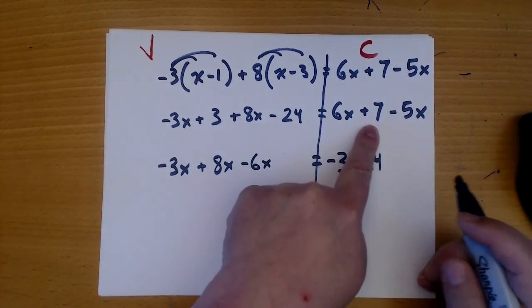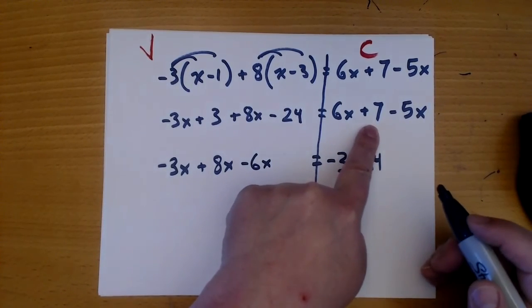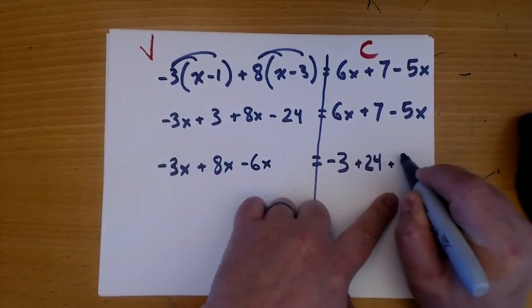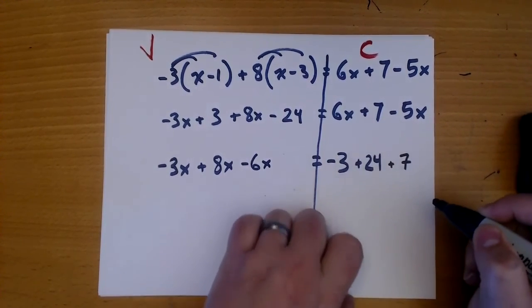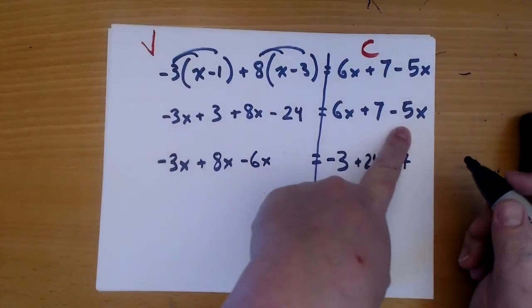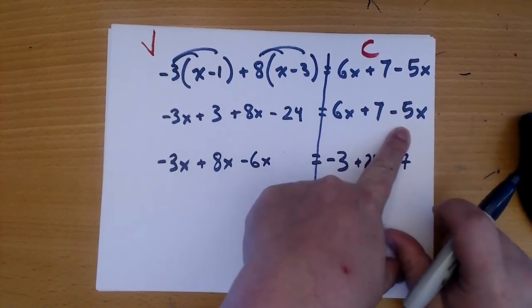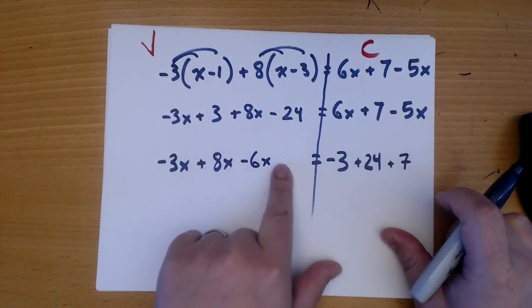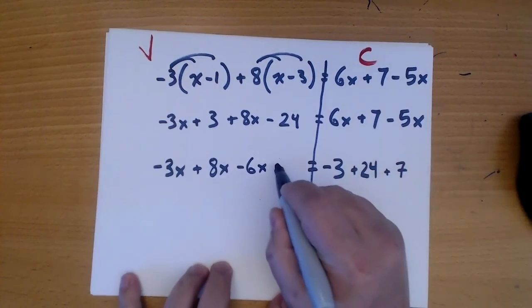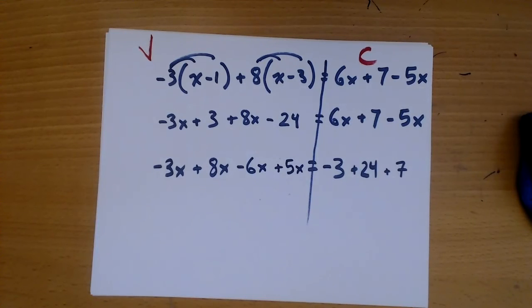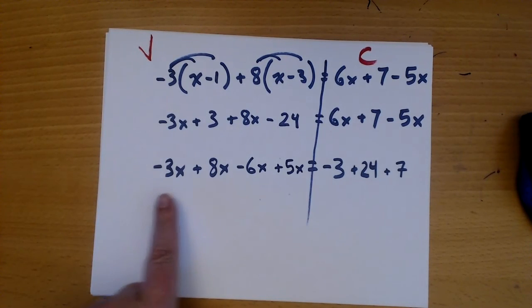The 7, it's a constant, so it's okay right here. We just move it down. The negative 5x, it's a variable. It belongs over here. So we pick it up, it crosses the line, and it changes sign. So now all we have to do is combine our like terms.